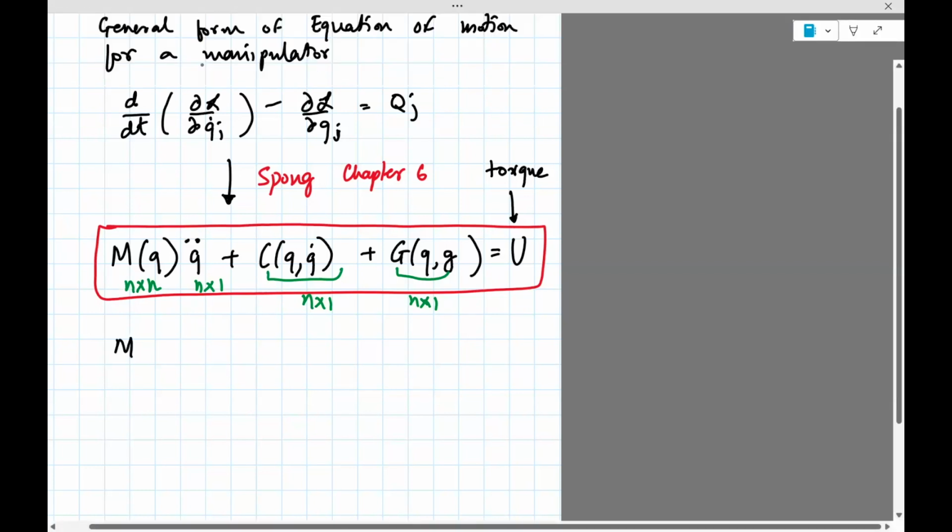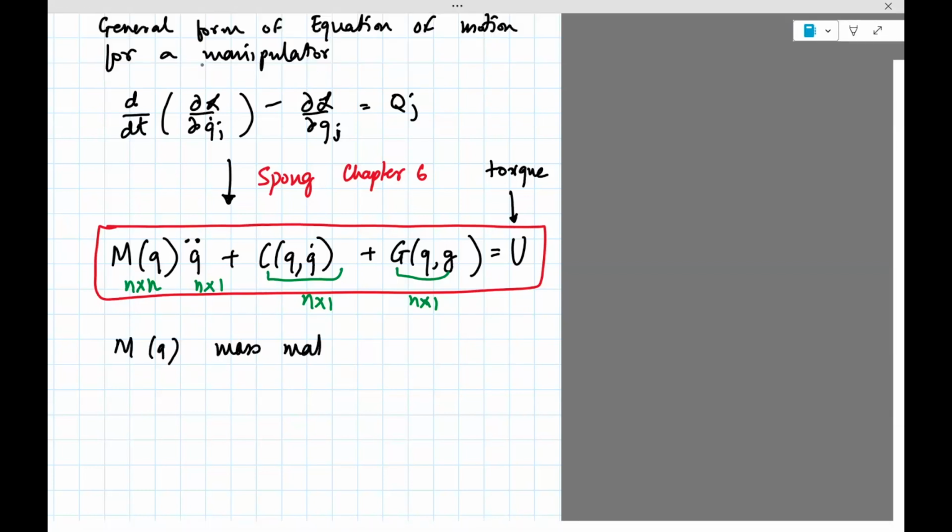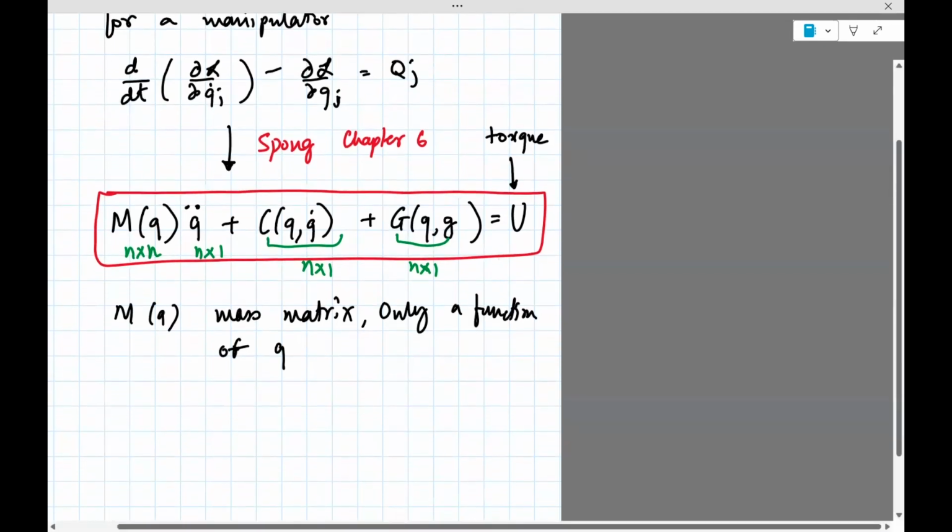So M(q), the mass matrix. The key thing is it is only a function of q. It's very important. This is a fact we'll exploit later on. It does not depend on velocity.